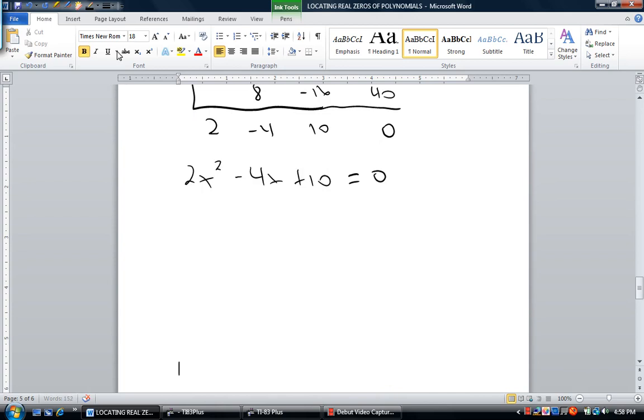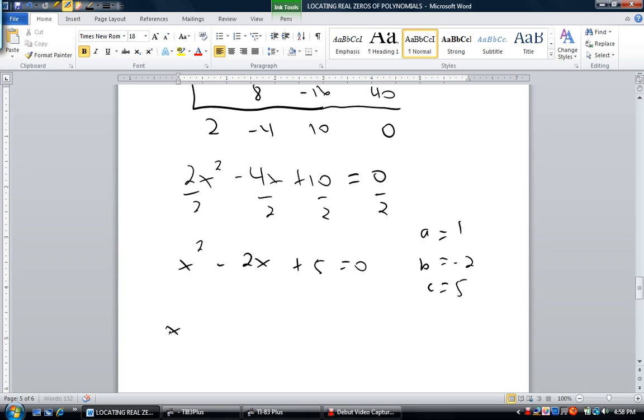I see that these are all divisible by 2, so I'm going to divide out that 2 just to make the numbers a little bit smaller. Now I'm going to use the quadratic formula. A is 1, B is negative 2, C is 5. So I have x equals, in case you're wondering on the quadratic formula, I recommend doing it this way.